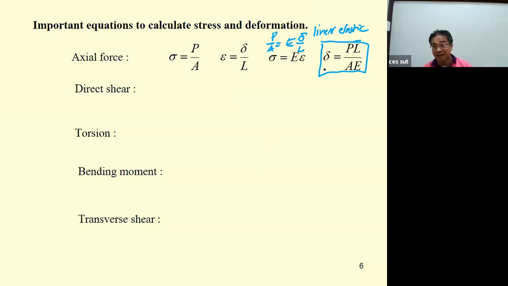But for the plastic, we cannot. We must do the calculation as I showed you in the previous lecture.